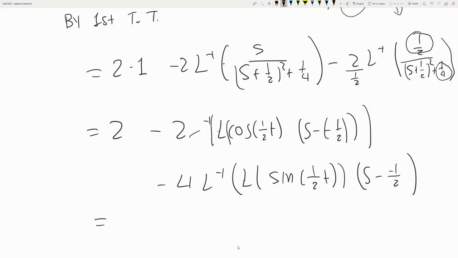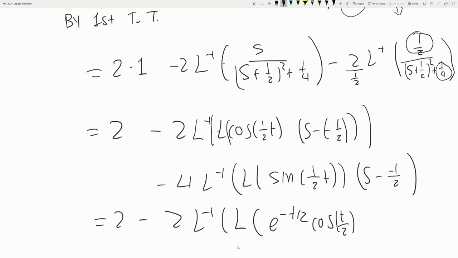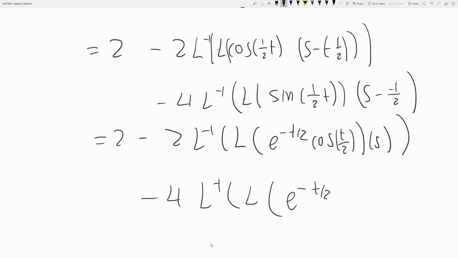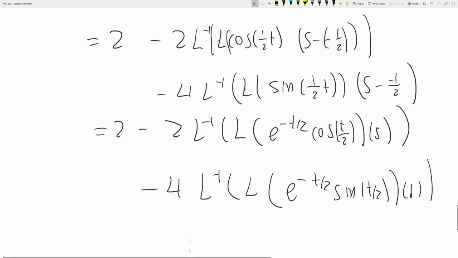Actually, let me use the translation theorem first. So 2 times minus 2 is e to the minus t a half. Okay, almost there.